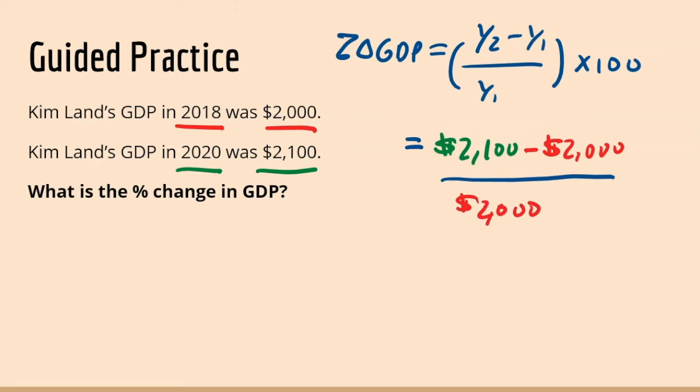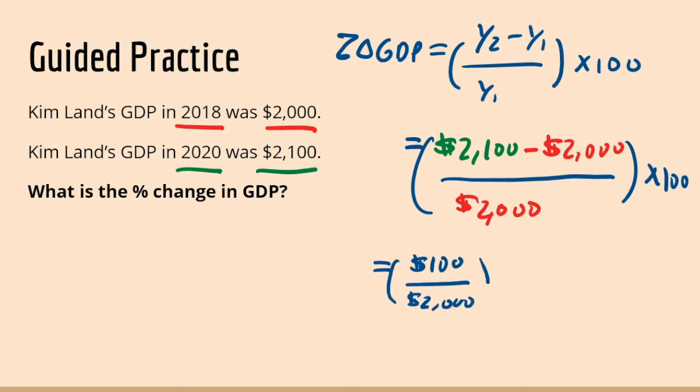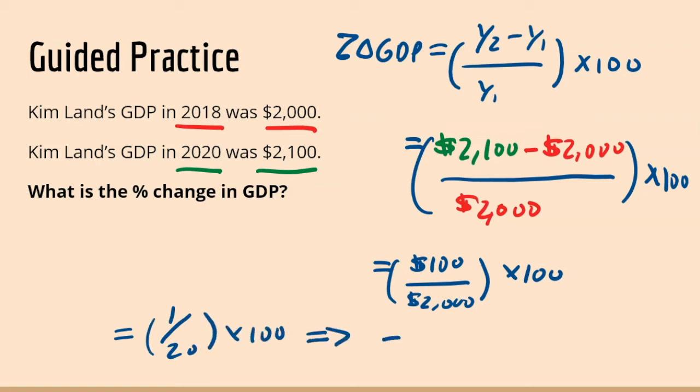And remember, because we're trying to figure out the percent change, we multiply all this by 100. So now we get 100 divided by 2,000, times 100. We can boil this down to 1 over 20, times 100, which gets us to 5%. So from 2018 to 2020, there was a 5% growth in GDP.